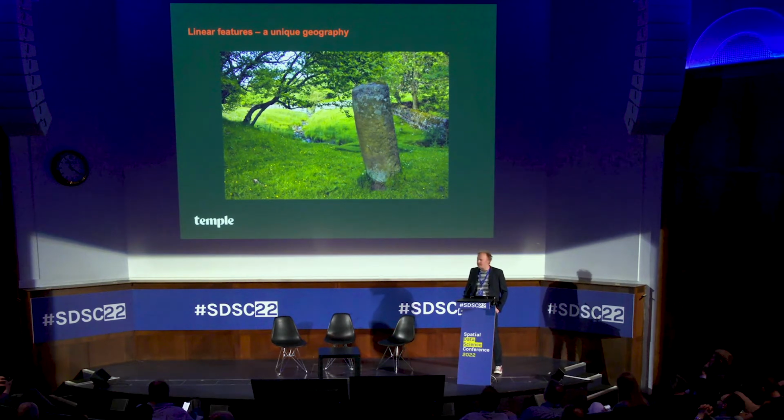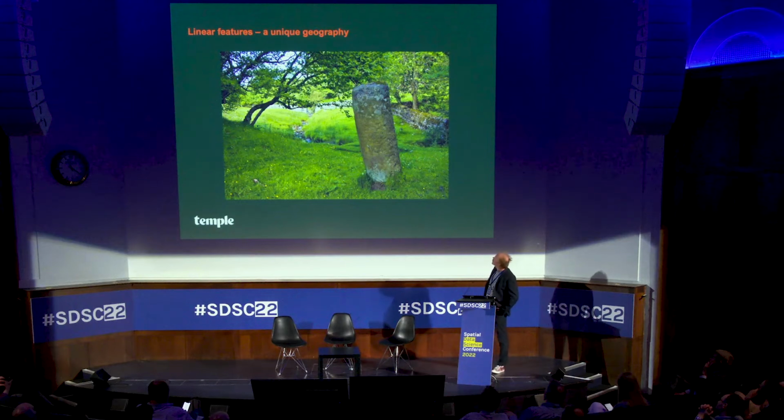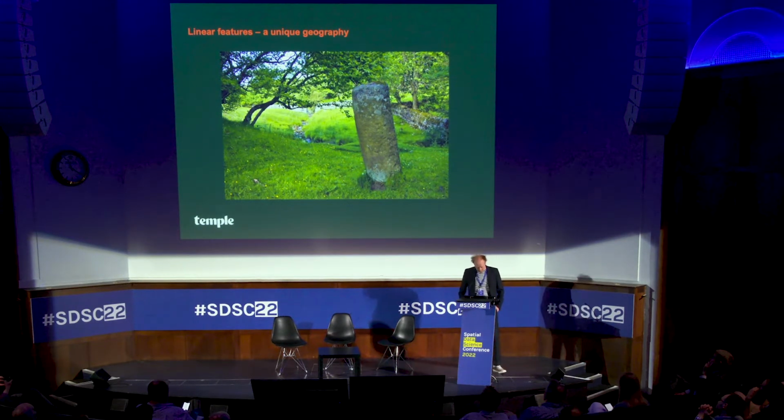I might normally ask the room what this photo is, but it's probably a bit of a big room to do that. So I'll just let you know. This is a Roman milestone. Essentially, it probably functions very similar to road signage today. It helps people traveling locate where they are on their journey.